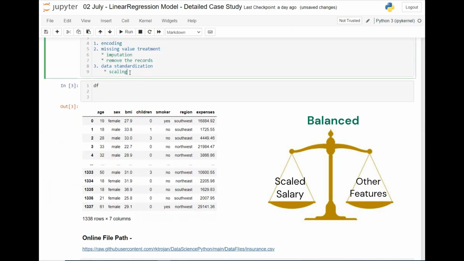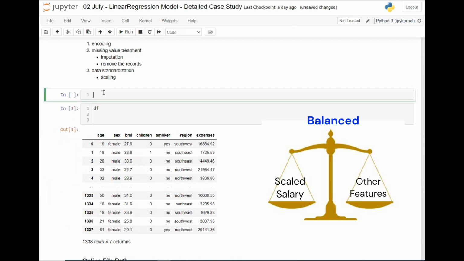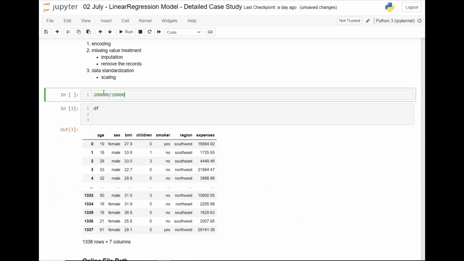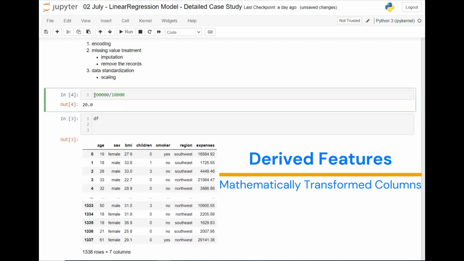What I'm trying to tell you is, take an example that salaries are like this. For that column, we will divide all the values by, let's say, 10,000, so that the resulting values come on the same scale as the other columns. And then we will use that transformed column for our prediction.